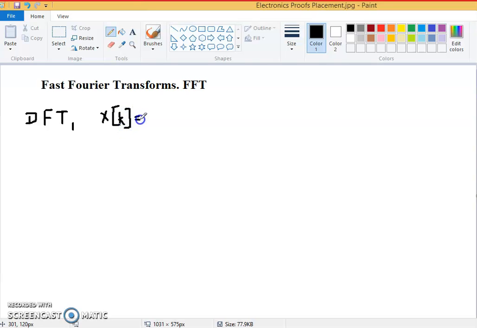It is the sum of n changing from 0 to n minus 1, x(n) e raised to power minus j 2 pi by N nk.